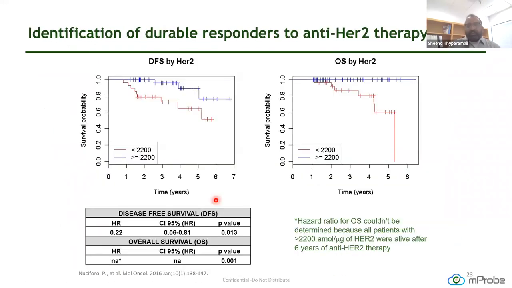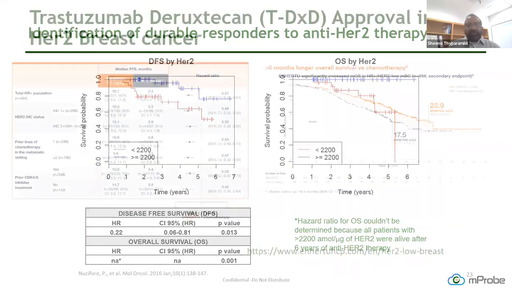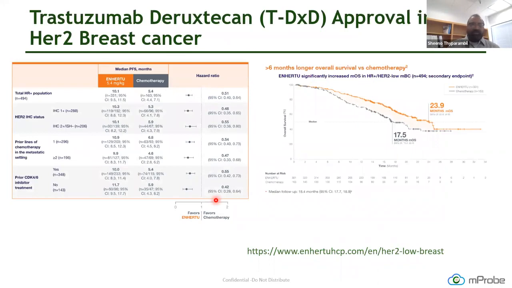So fast forward a few years, there is a drug by the name Trastuzumab Deruxtecan, or Enhertu, from Daiichi and AstraZeneca, wherein they enrolled the 1+ and the 2+ patients and compared it to the chemotherapy arm.